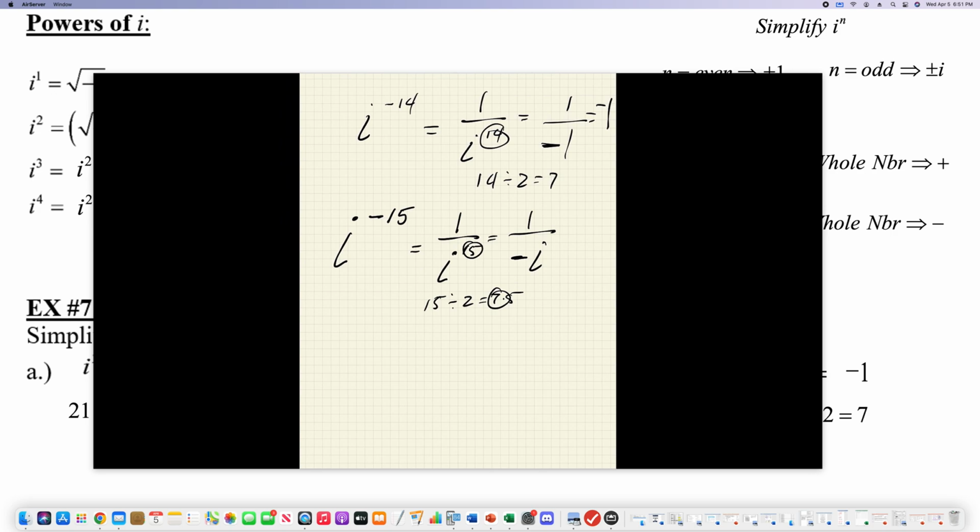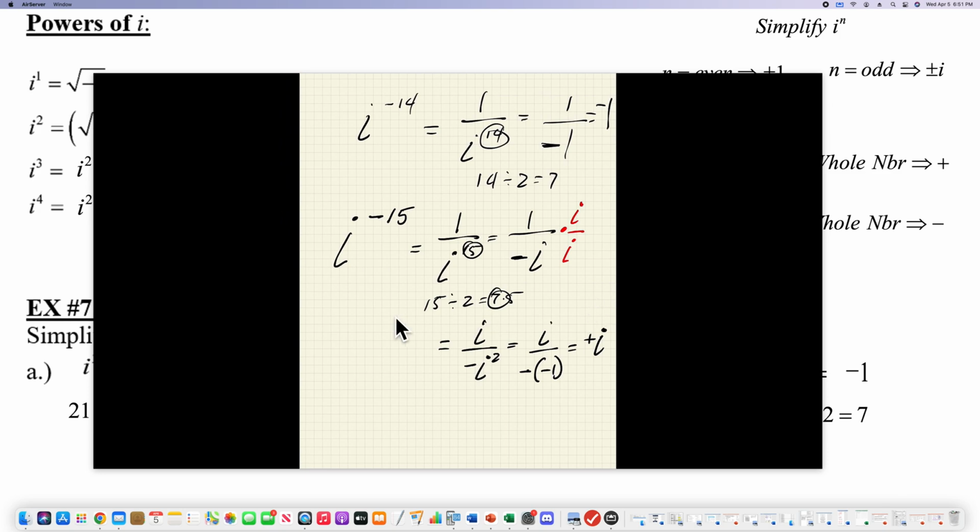Oh, there's my problem. Wait a minute. I cannot have i in the denominator. So what did we just say? You have to rationalize the denominator. So now I'm bringing in another i. Okay, wait a minute. That's going to give me i over negative i squared. i over negative times negative 1. This becomes now a positive i.